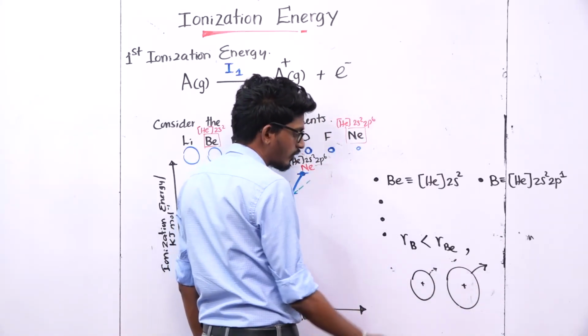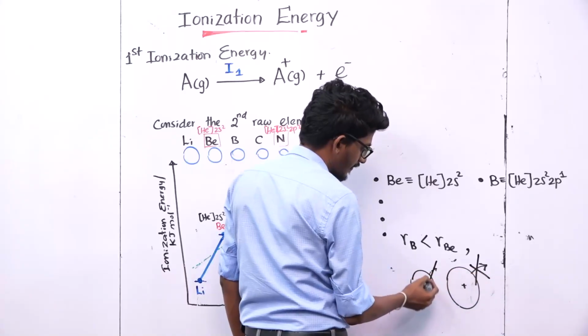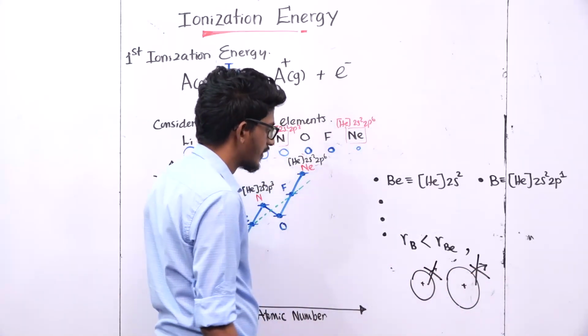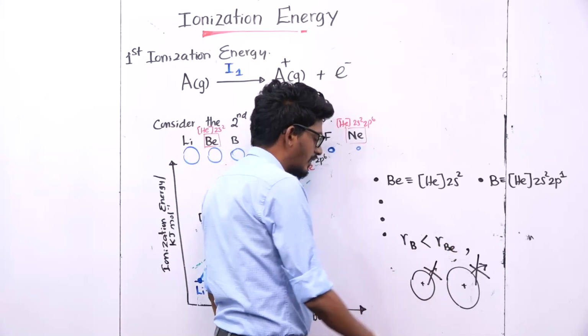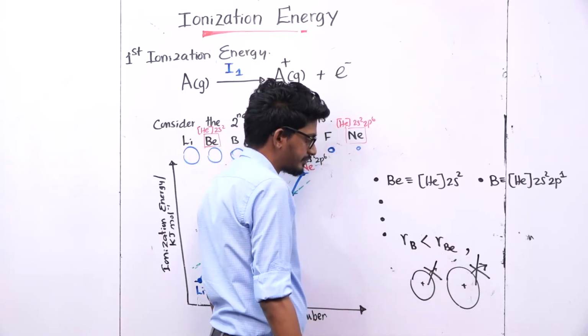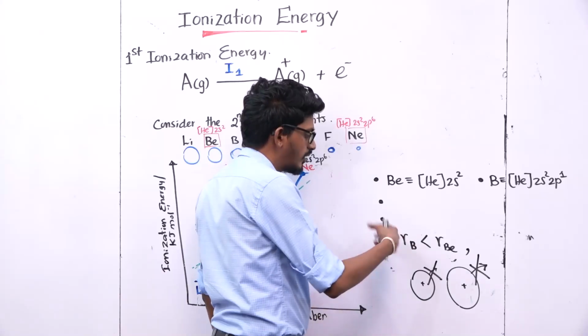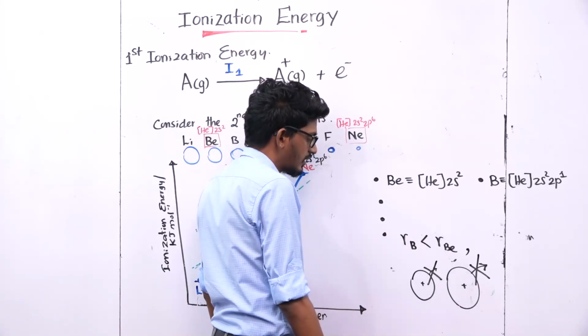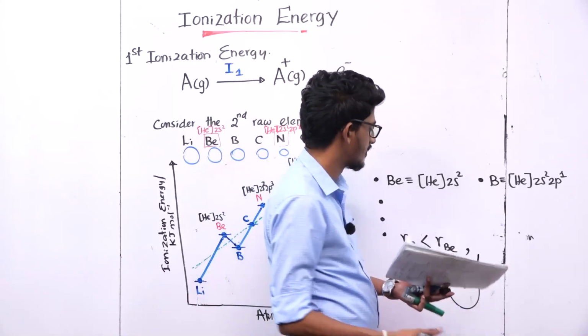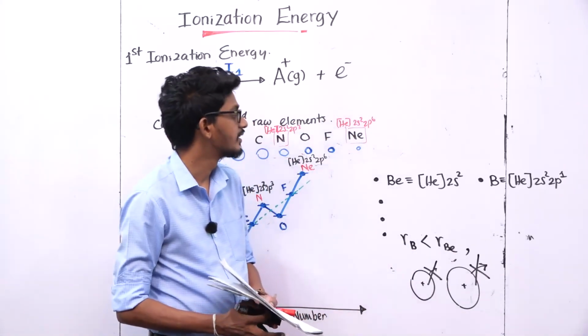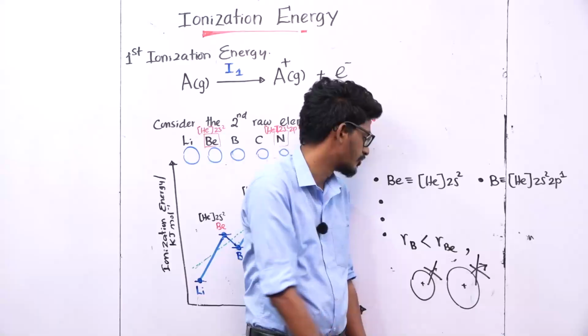But that is not what happens. Even though the radius is larger with beryllium, still you need great energy to release the electron. Why is that? Because of the stable configuration.